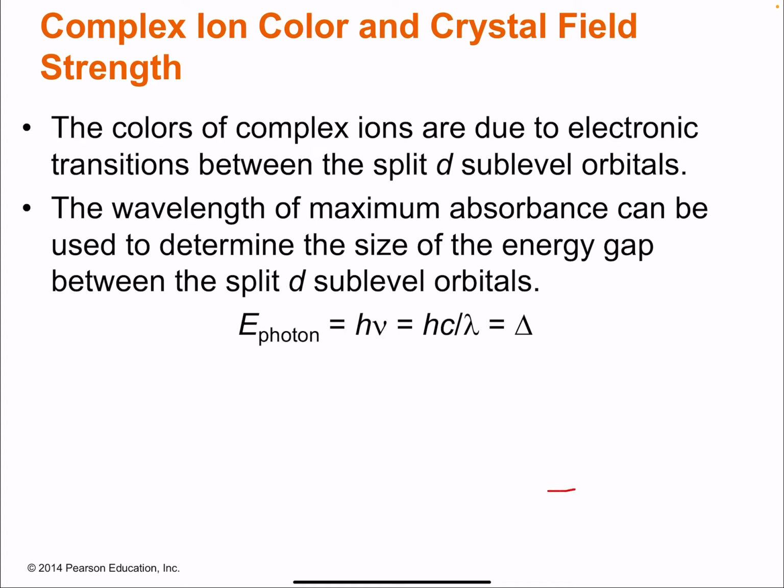For example, if you have your lower level and the higher level, and this is your splitting energy delta, if you have an electron here, and if there is space for the electron to go to the higher level, the difference in energy is the portion of the wavelength of light that's being absorbed.